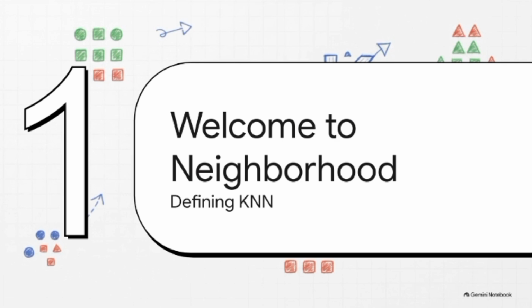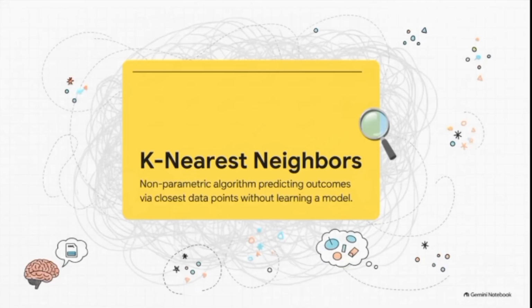Let's just dive right in and define what KNN actually is. Okay, I know that definition looks like a massive mouthful of technical jargon, but let's translate it, because it is wonderfully straightforward. KNN is a machine learning algorithm used to predict outcomes. It's called non-parametric. That is literally just a fancy way of saying it makes absolutely zero assumptions about your data.